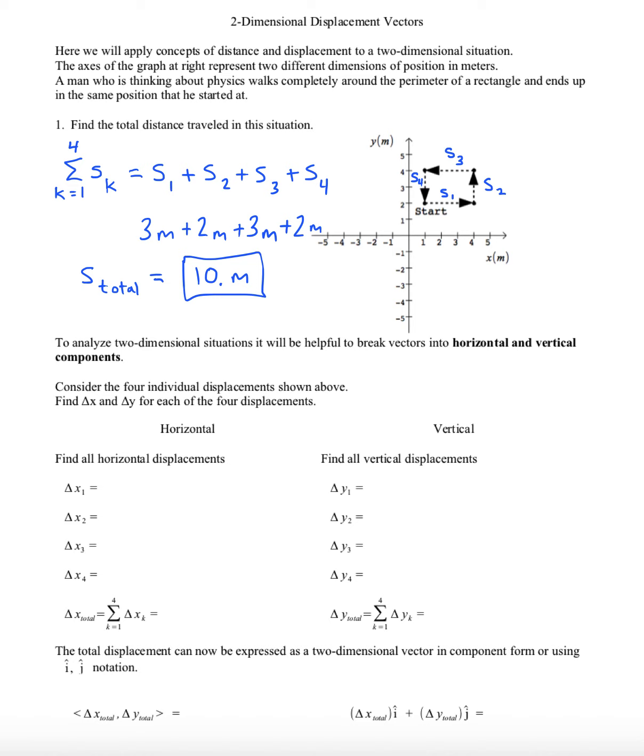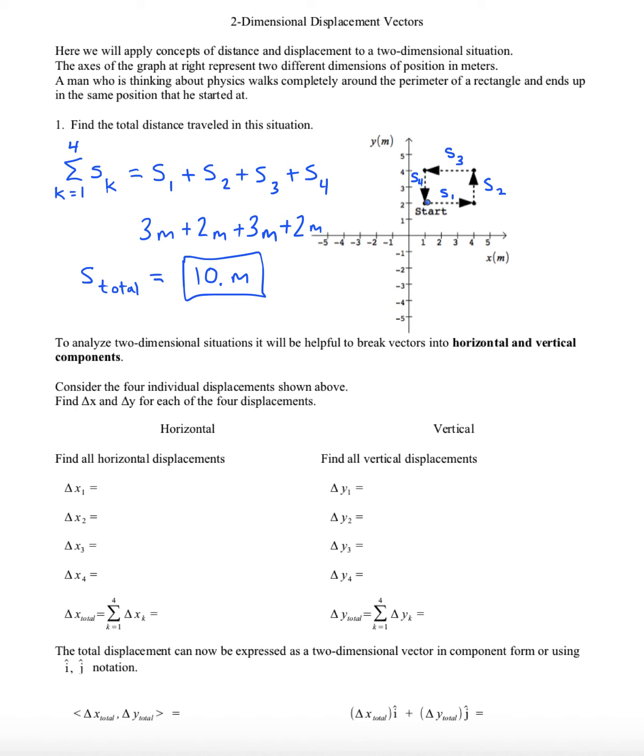Next, what we'll look at is two-dimensional displacement. But with displacement, direction does matter. Now it's going to be helpful to analyze two-dimensional situations by breaking vectors into horizontal and vertical components.